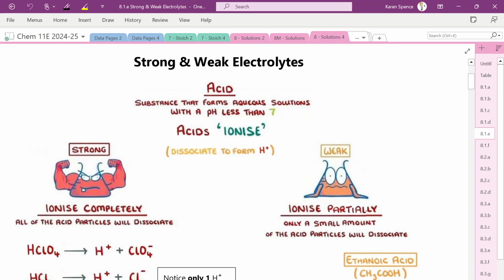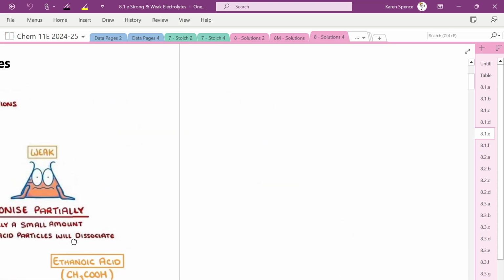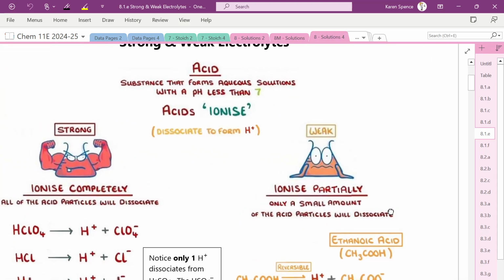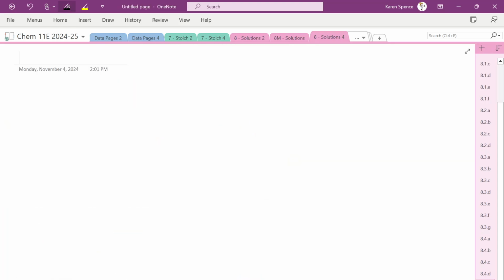Okay, so we have strong acids and weak acids. Could you remind your partner or your neighbor what is a strong acid?